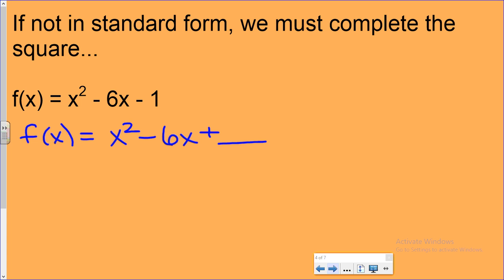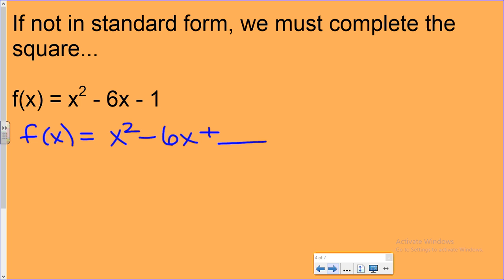But can we just add something to an equation? No, that's changing the value, okay? So how do we balance things out in algebra? There are two different things we can do. What did you say? Subtract it on the same side. Or what's the second option? Add it to both sides. Okay?